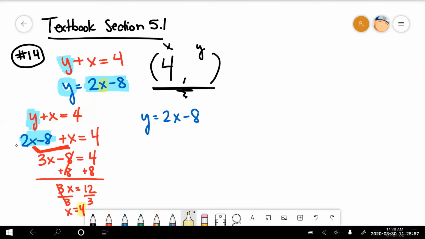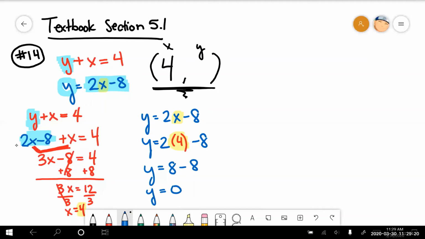And again, I am plugging in my 4 for x. So y equals 2 times 4. I'm using parentheses in order to show that I'm multiplying. Okay, y equals 2 times 4 is 8. And then 8 minus 8 is 0.